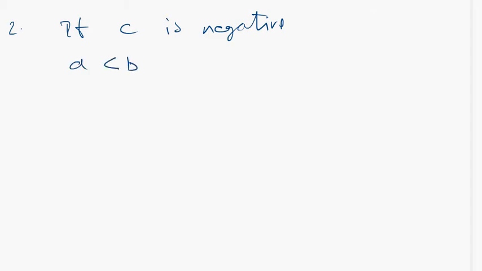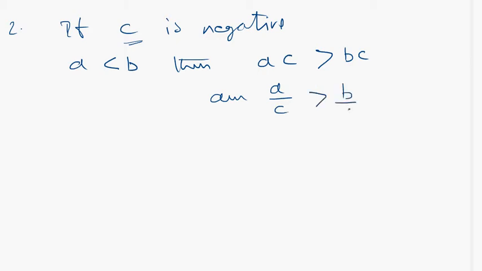If a is less than b, then ac is greater than bc, because the inequality is reversed now, because c is a negative number. And a divided by c is greater than b divided by c. See, the inequality has reversed.